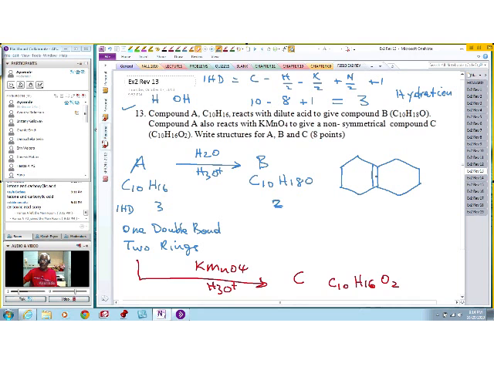This is the only place I could put the double bond that will get two ketones. Because if I place the double bond here, and the potassium permanganate reacts with that, we get carboxylic acid. So this is the only place I could put the double bond to get two ketones. So if you do that, this is what you get with potassium permanganate. Then you get these two ketones here.